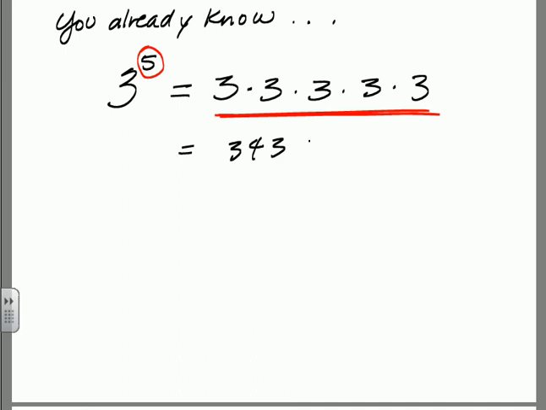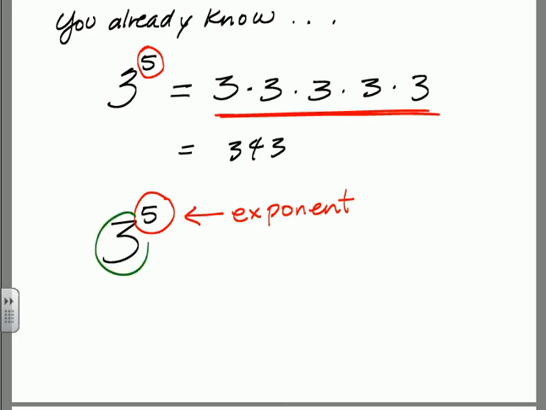Okay, next. Let's go back to 3 to the 5th power. We already know that this little guy up here, our instruction, that number is the exponent. Do you remember, or have you ever known what the big number that the exponent applies to is called? That is called the base.